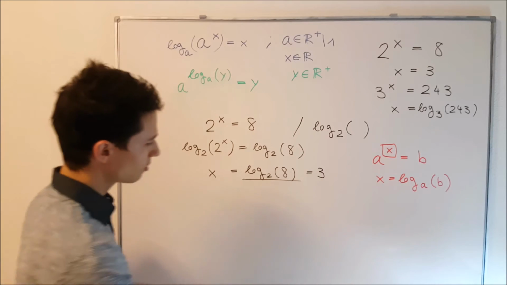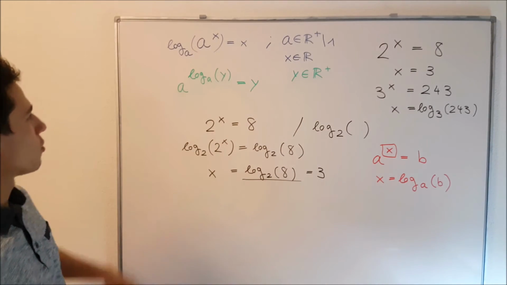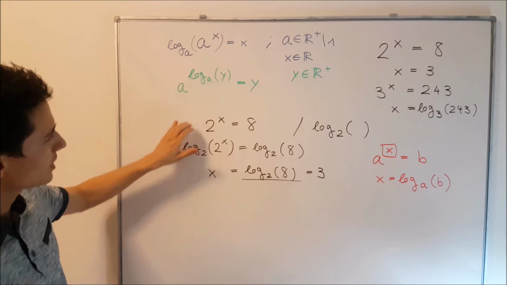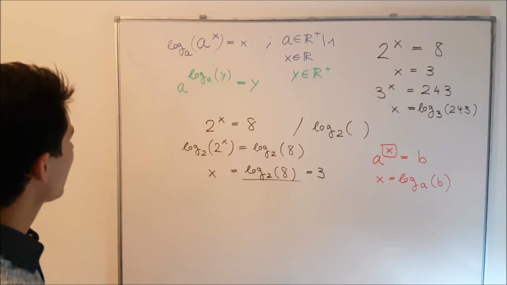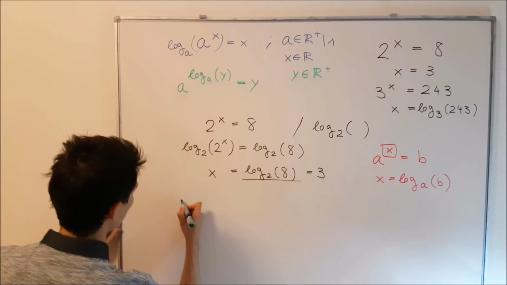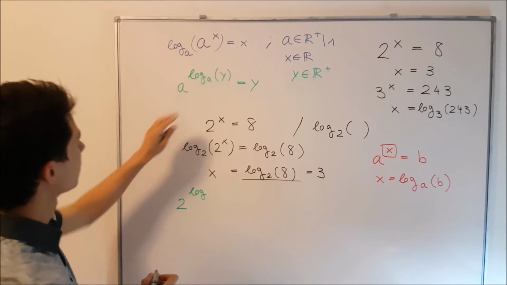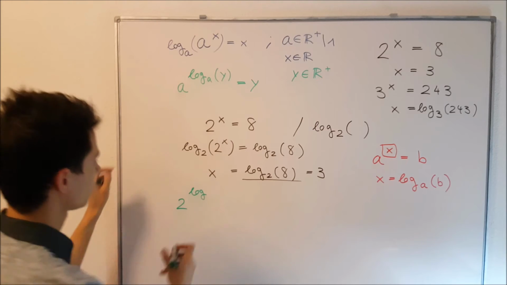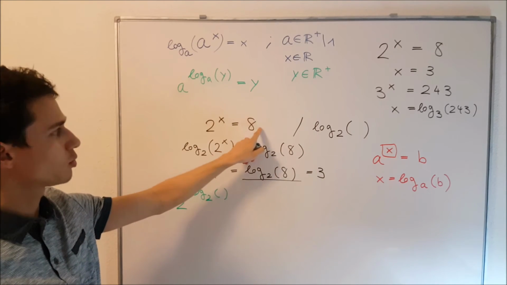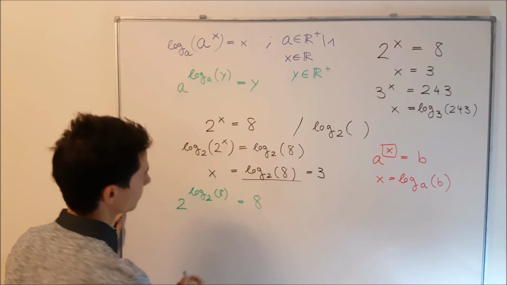Now let me show you some other approach to understand this even better, which is this one right here. So let's solve again this same problem, and we have as a base a, the value 2. So 2 to the log, to this same base 2 of y, which in this case would be 8, will equal 8.